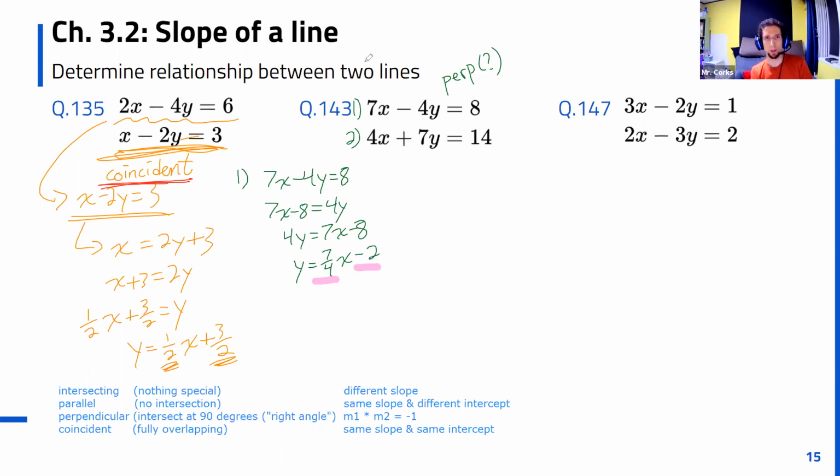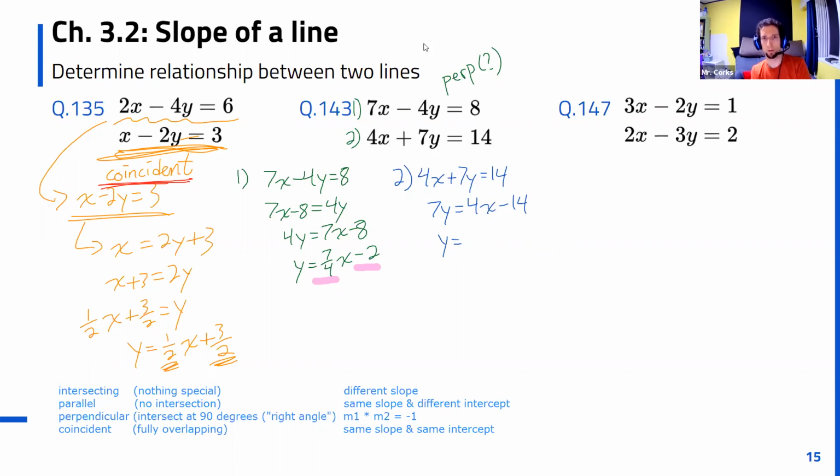Let's do the same thing with the other one, number 2. So equation 2, 4x plus 7y equals 14, and rearrange: 7y equals 4x minus 14. I missed one thing here.